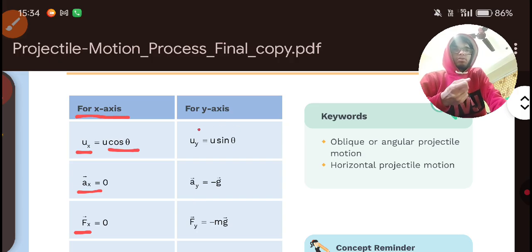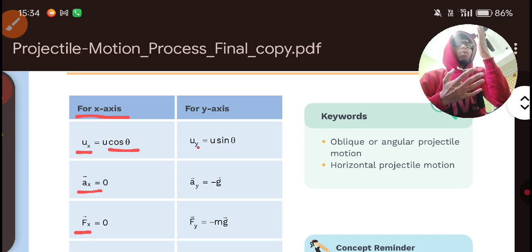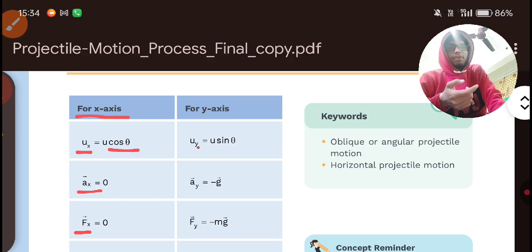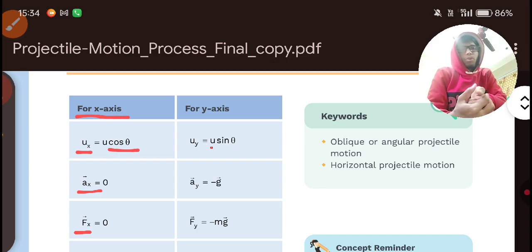Now for the y-axis, uy means velocity along the y-axis, which will be u sine theta. Here u is the initial velocity of the stone, and sine theta is for y. Acceleration along the y-axis happens under gravity.